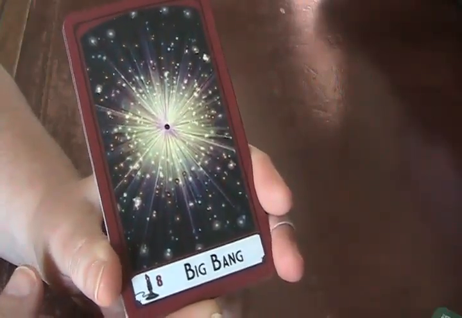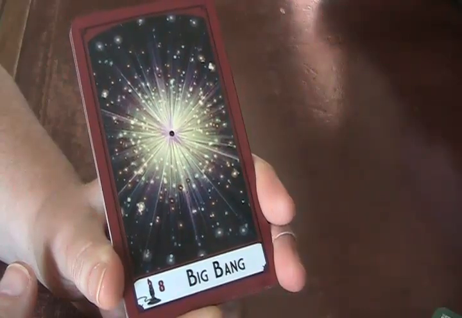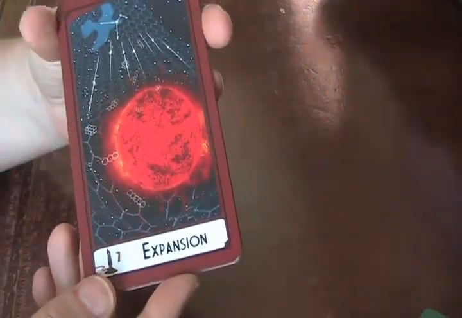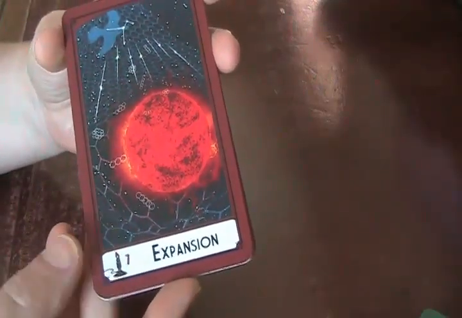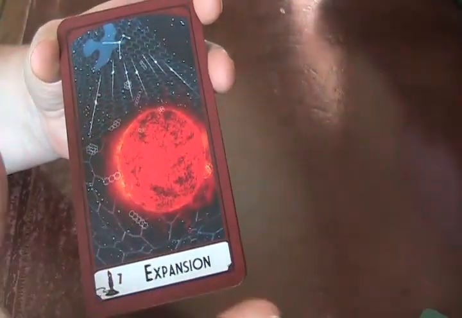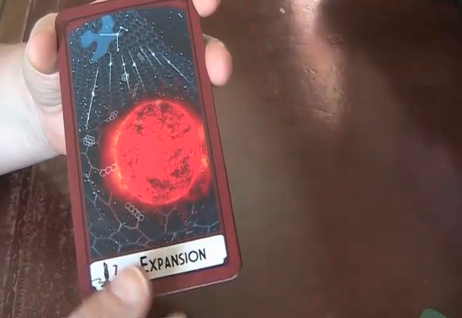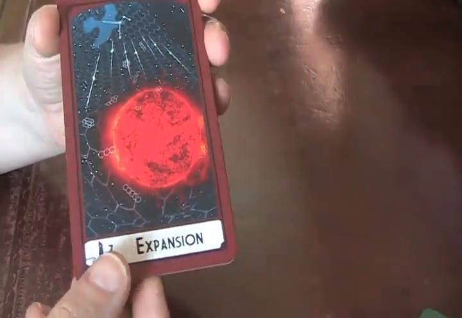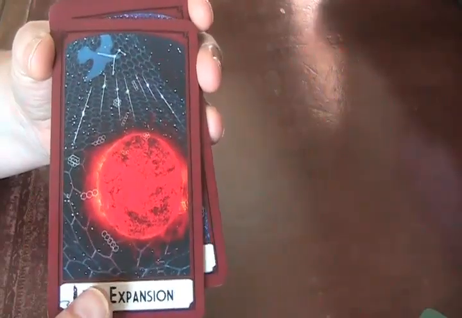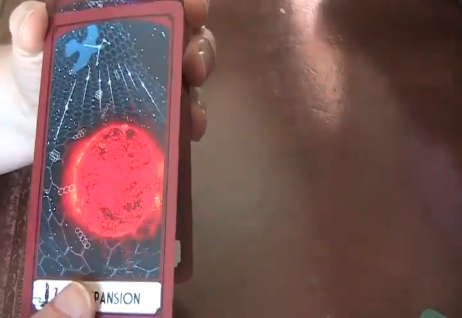Supernova is one star that explodes. A big bang is the entire universe that exploded. I can't even imagine. Cosmic expansion. So the suns expand and contract as their temperatures and mass change as they burn off fuel, and constellations are also expanding as the universe gets and the galaxies get bigger and farther away.